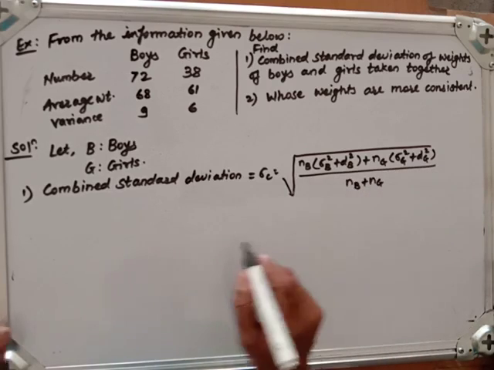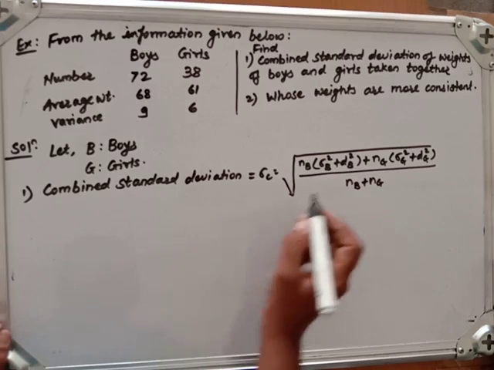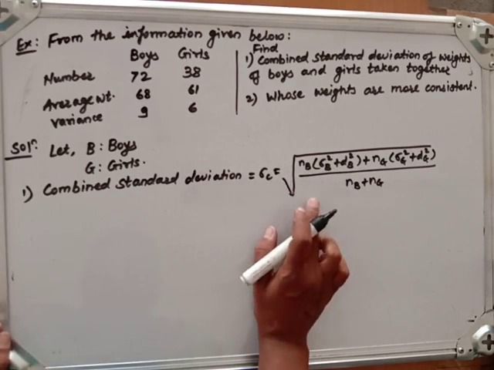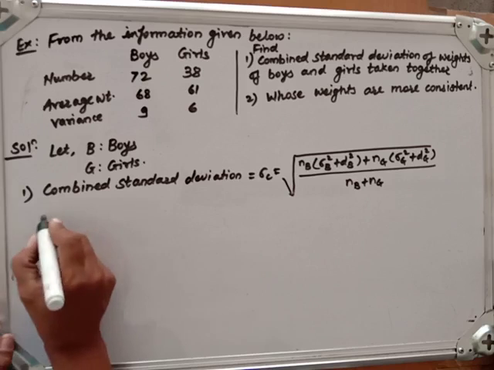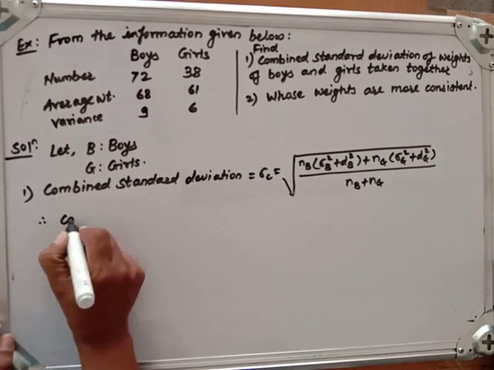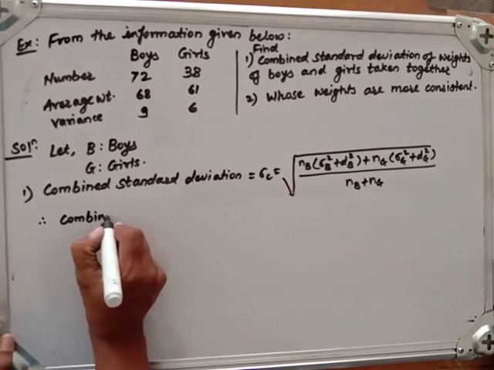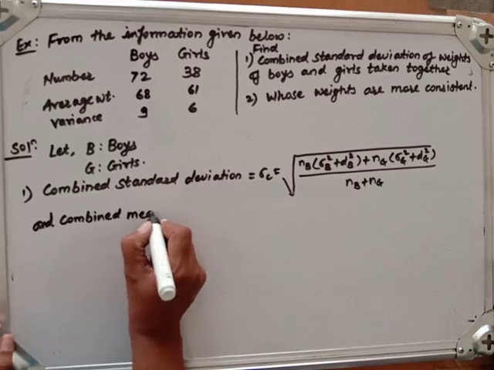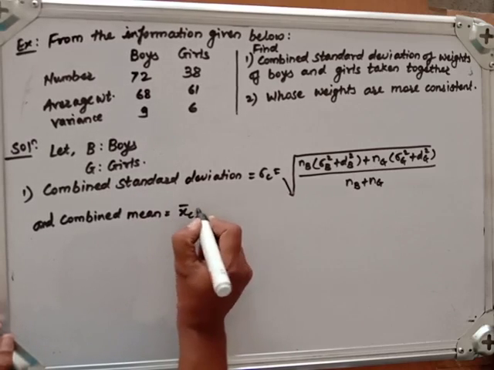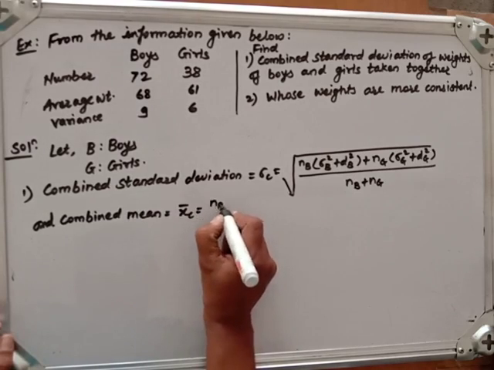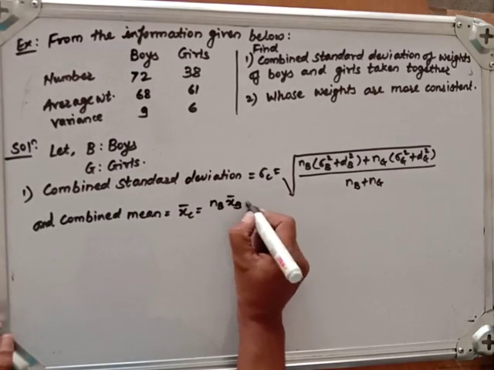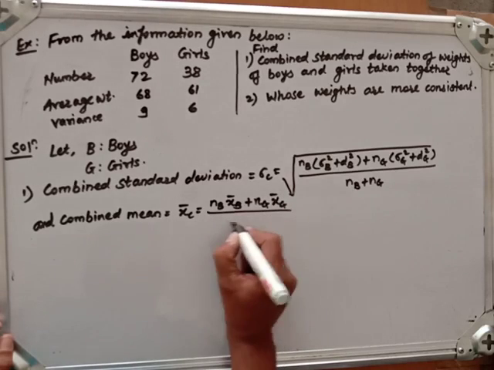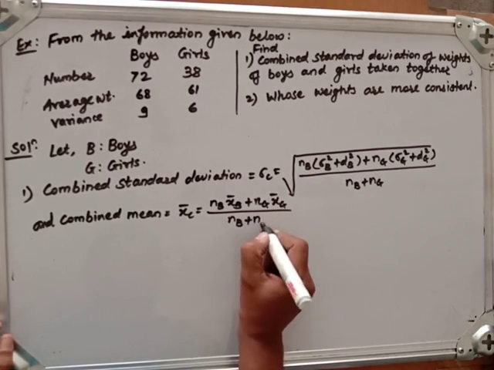So we first need to determine the combined arithmetic mean to determine DB and DG. The combined mean XC bar is NB XB bar plus NG XG bar upon NB plus NG.